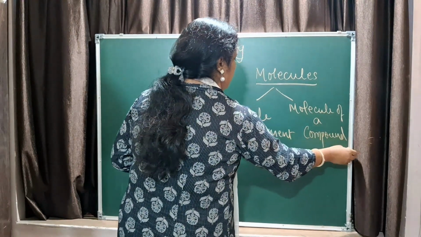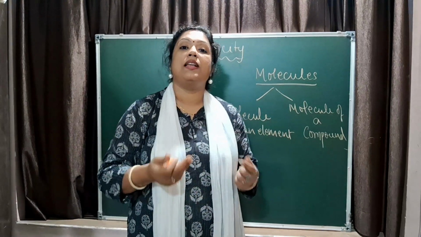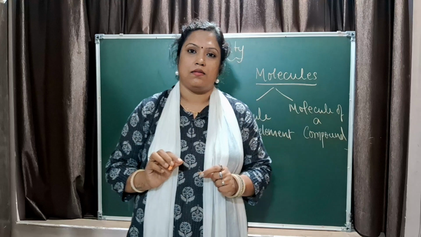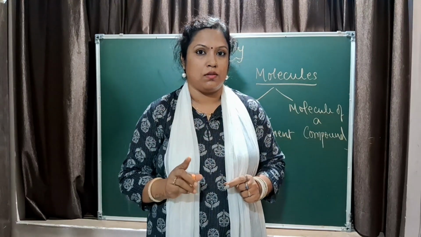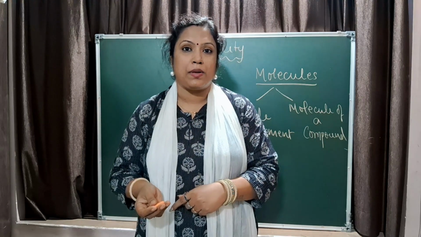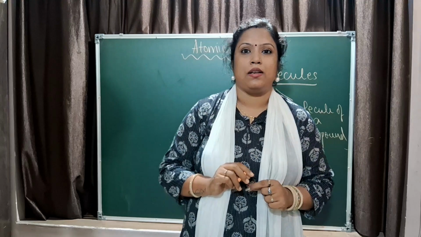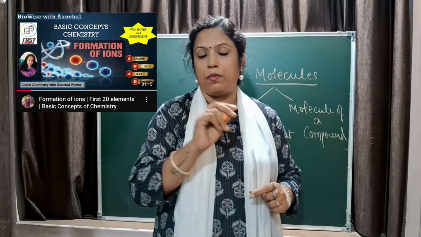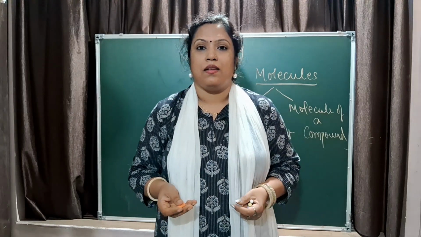So when we talk about the molecule of an element, then how these elements exist in nature independently. Understand the difference between an atom and a molecule. Atom may or may not exist independently, but a molecule exists independently. When I was talking about hydrogen in my previous lecture, if you remember, H cannot exist independently.